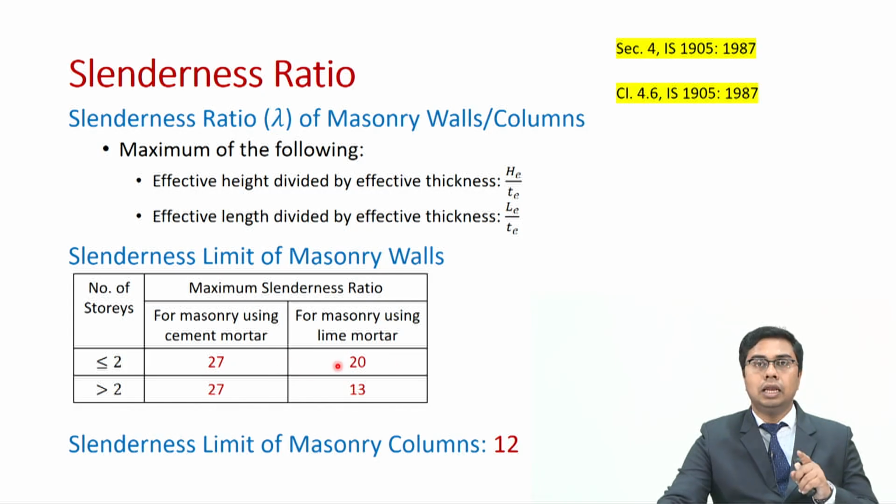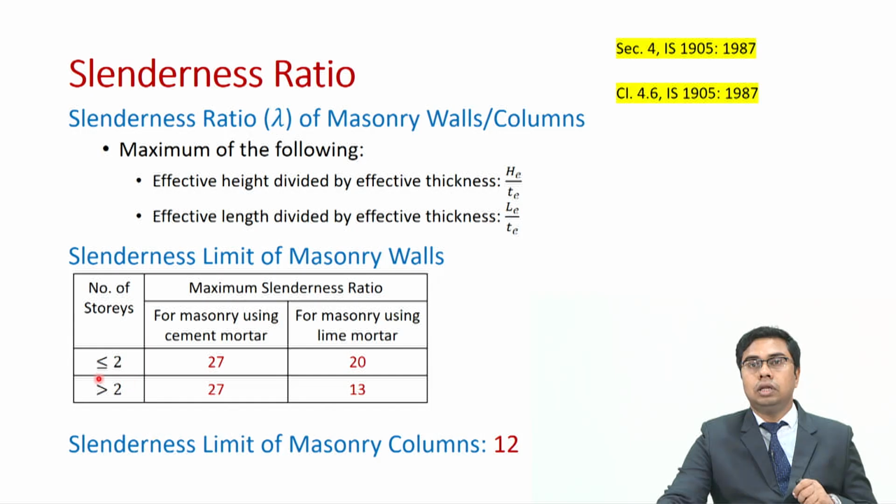Why? Typically lime mortar will have much lower strength than cement mortar. Why is it so? Because in lime you rely only on carbonation to get strength. Compared to that, in cement you have the hydration going on.